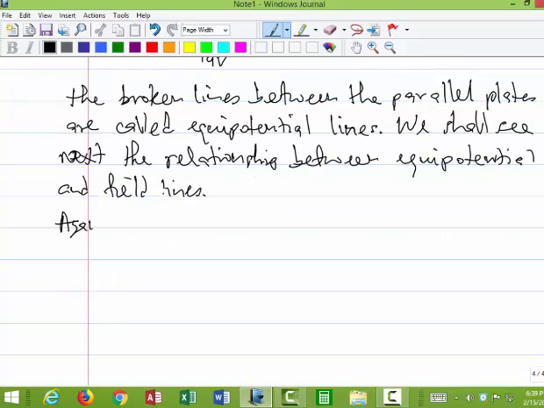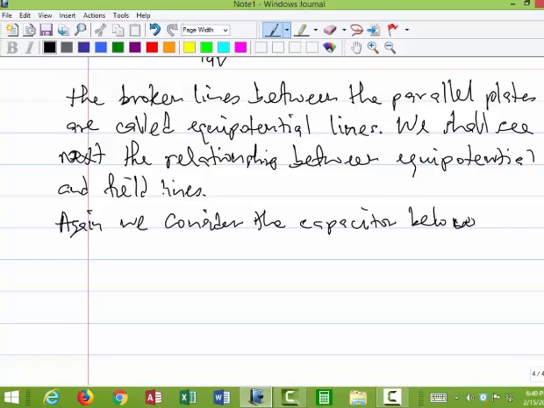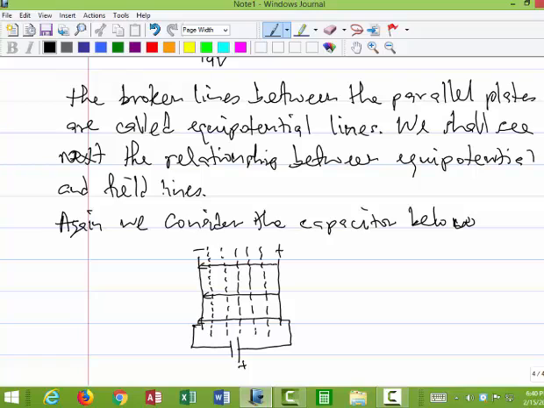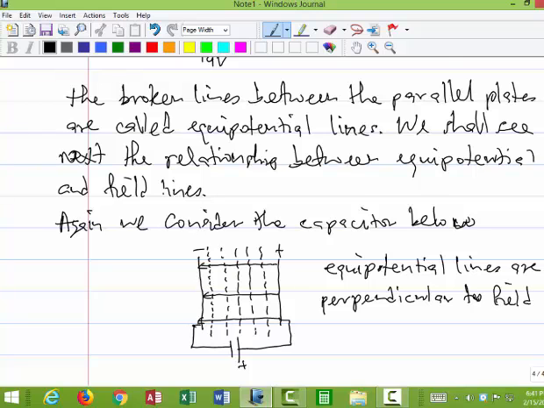So we consider the capacitor below. We have a capacitor again, and this is a positive plate and a negative plate. The electric field goes this way from left to right, and perpendicular to that electric field is the equipotential line. So we can say that equipotential lines are perpendicular to field line.